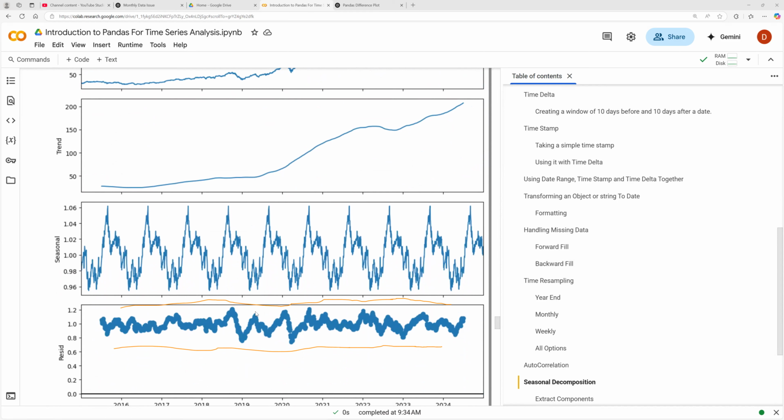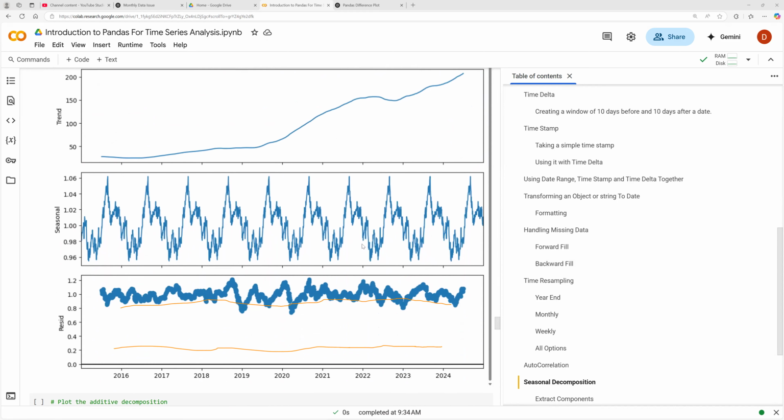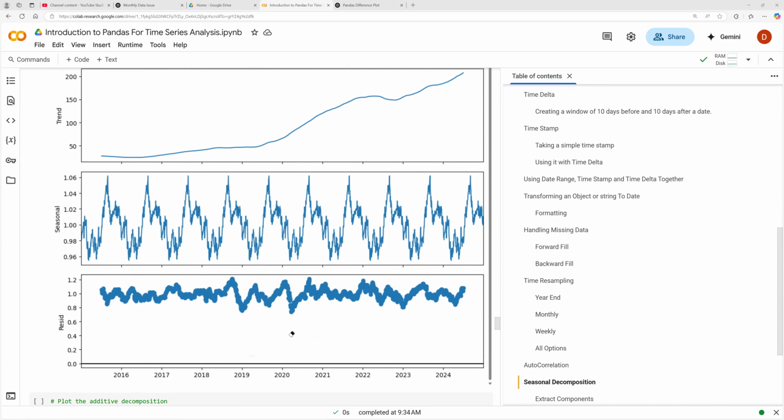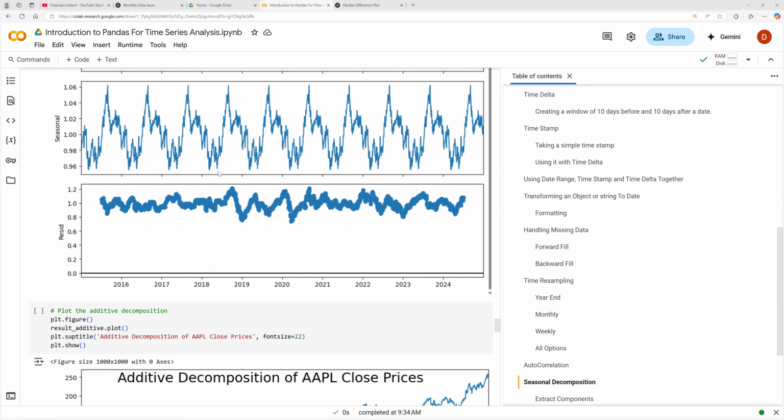It'll mean revert to some kind of average level, or it will not wander so far off from the average level, okay? And that's important to know. Then you know the specification of your time series, okay?